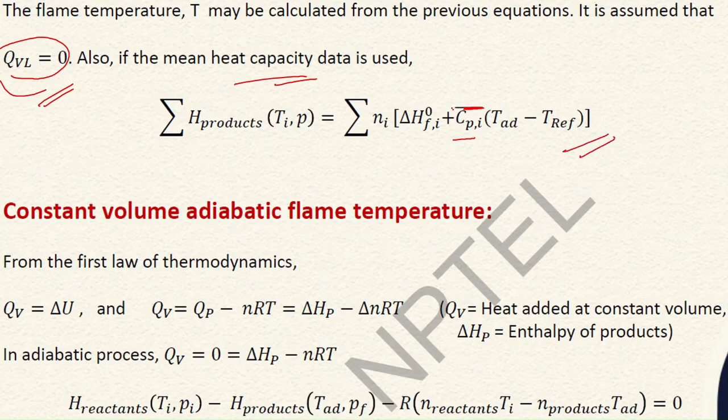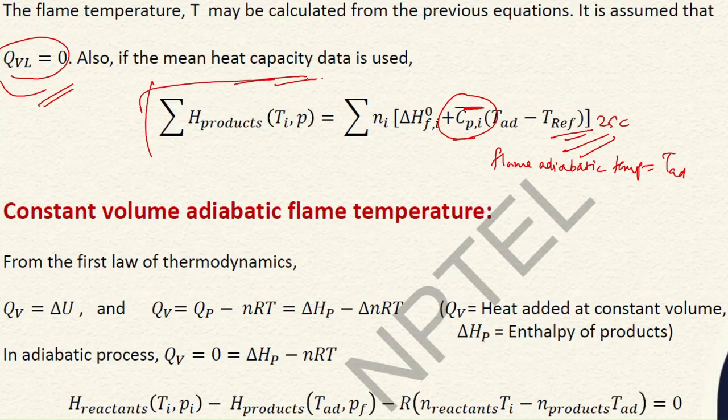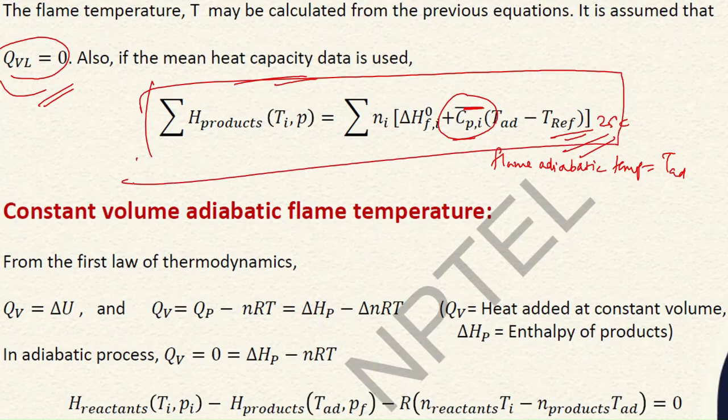QVL becomes 0, and here T ad is the adiabatic flame temperature, and this is the reference temperature, which is 25 degrees C. So this is the equation we get.